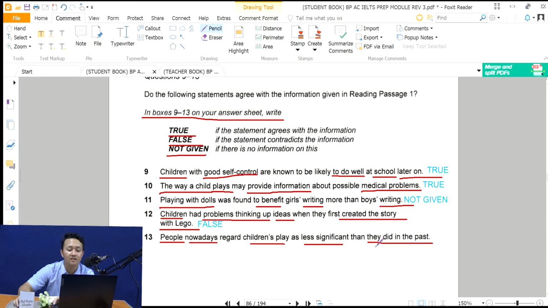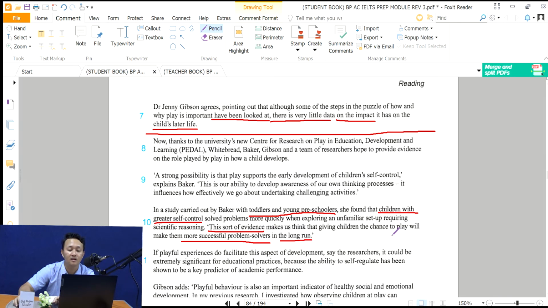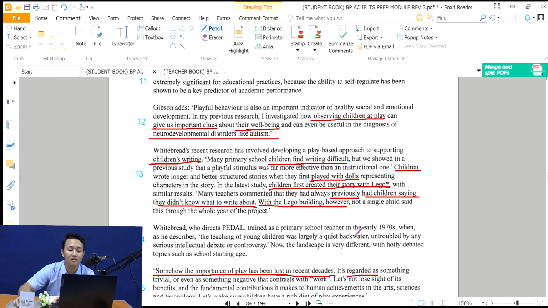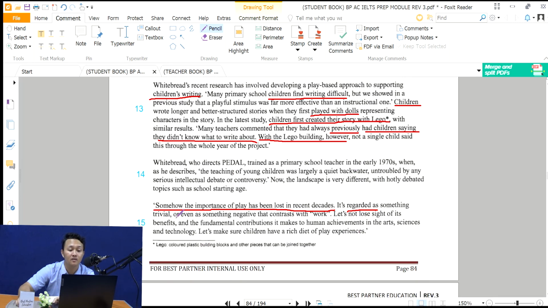So yeah, this statement is true. Why? Because people nowadays regard children's play as less significant than they did in the past. You will find it in the last paragraph: somehow the importance of play has been lost in recent decades. So it's different from now and the past.